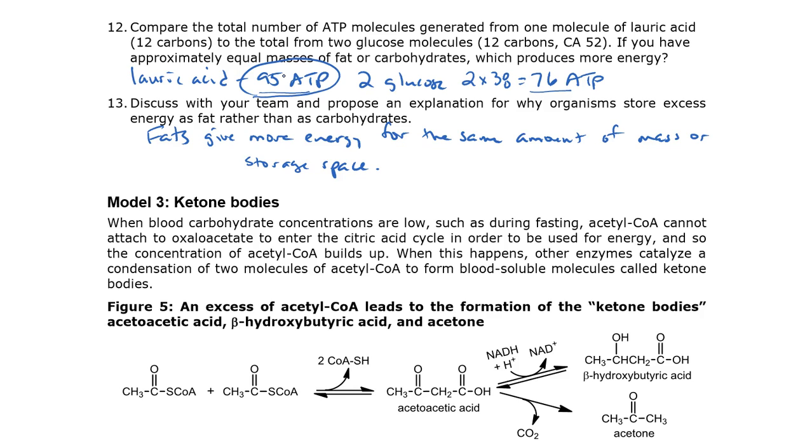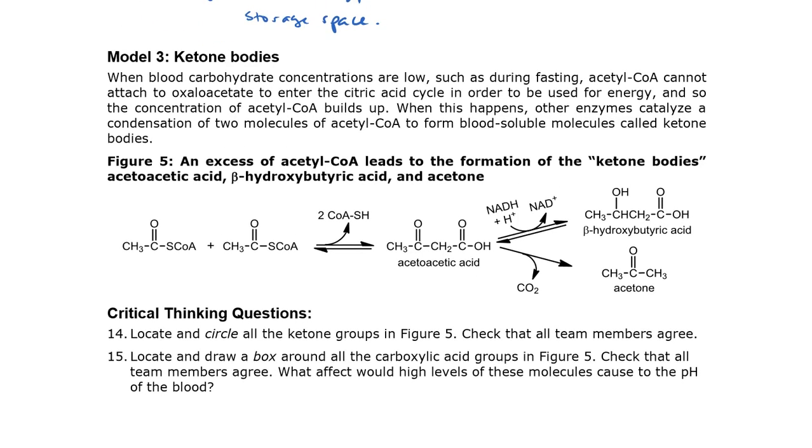When you try to store starch, which is, let's say, glycogen, which is carbohydrate storage, it's so hydrophilic you have to have a lot of water to be able to store that. Whereas fats, you can just pack them right into an adipose cell, and it's pretty efficient. All right, let's move on with the last model.